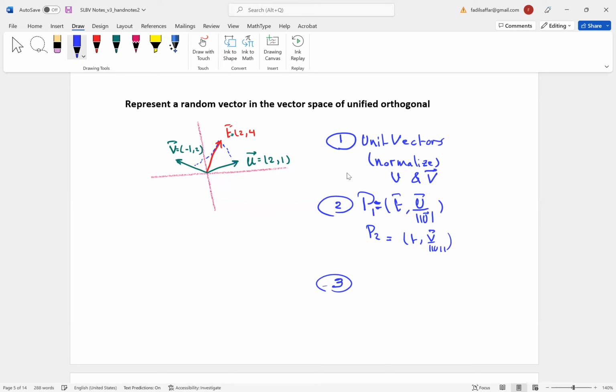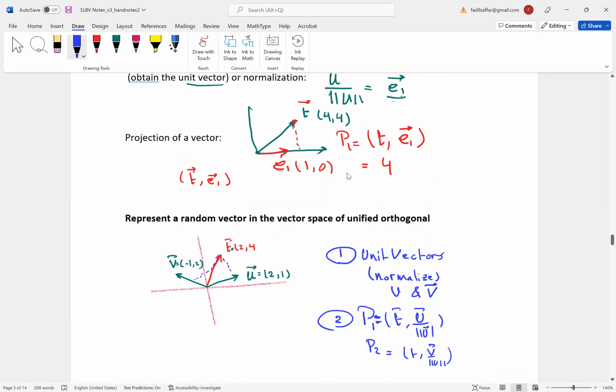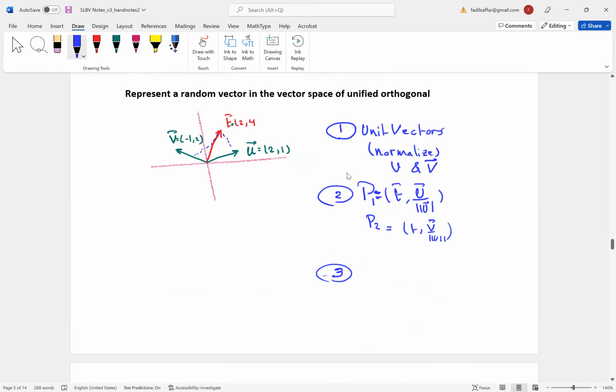And third, I need the summation to represent the vector, just like what I did here, in terms of the projections.